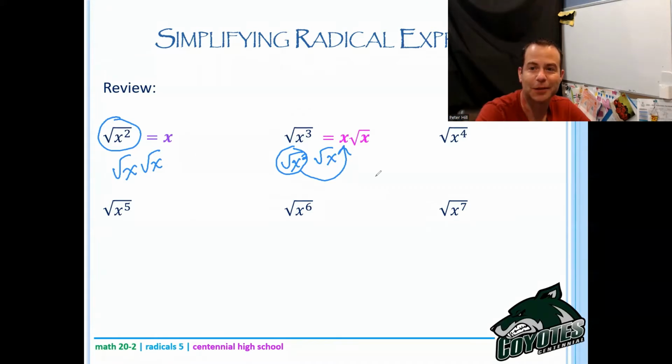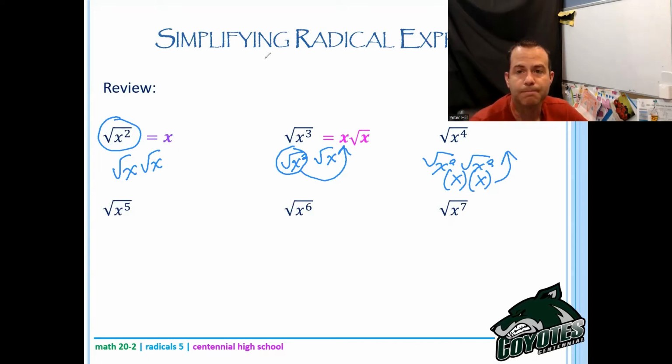This is like the root of x squared times the root of x squared. And the root of x squared is x, and the root of x squared is x. So altogether, it's going to give me x squared. Is that okay so far?